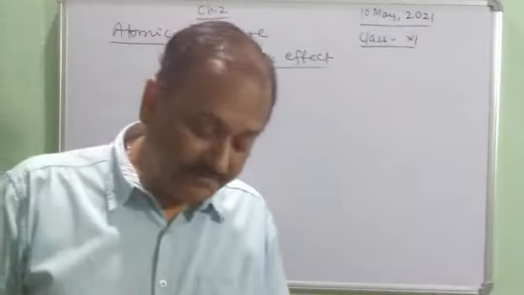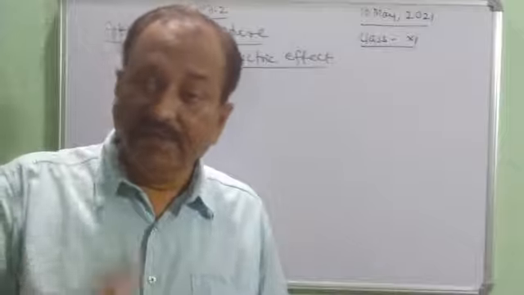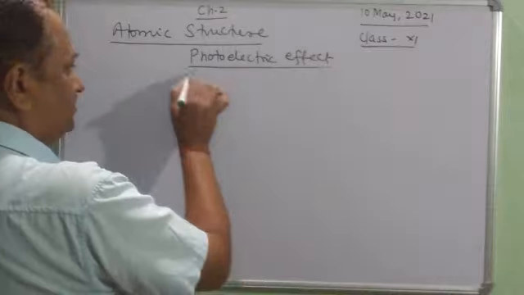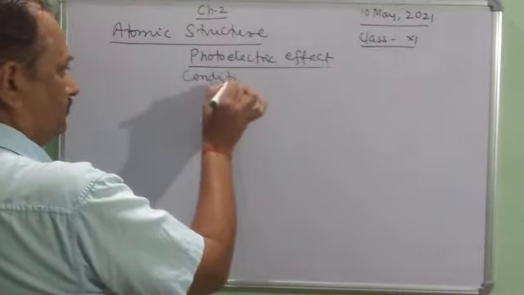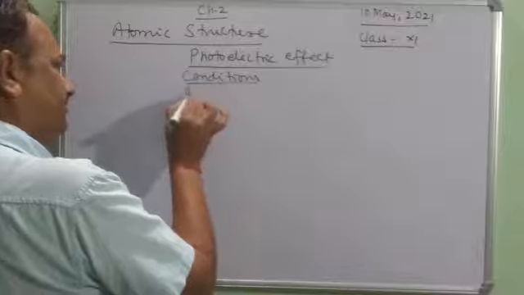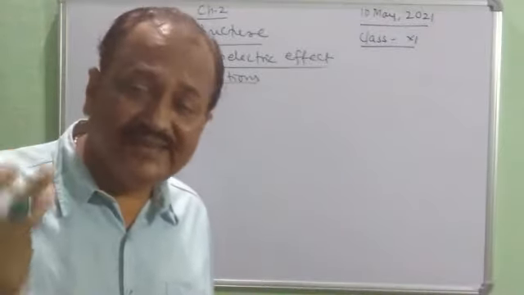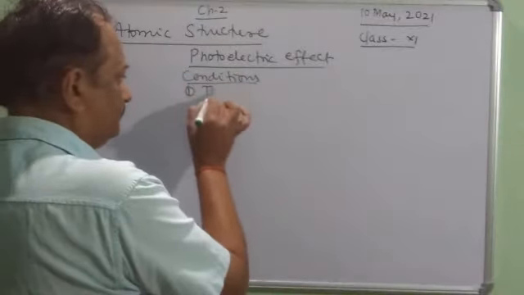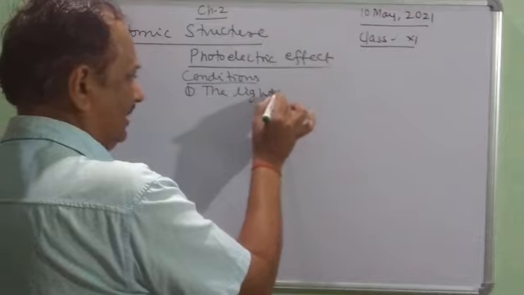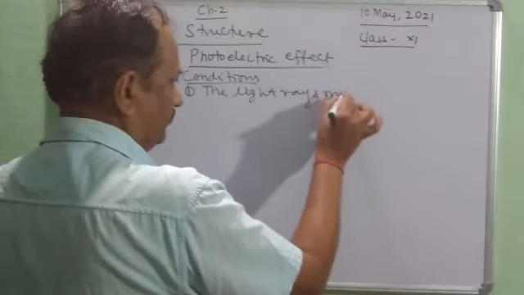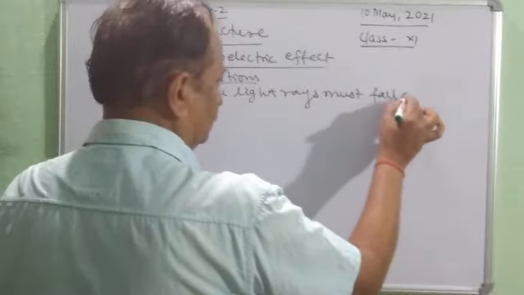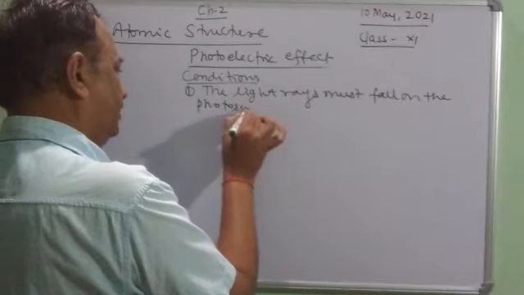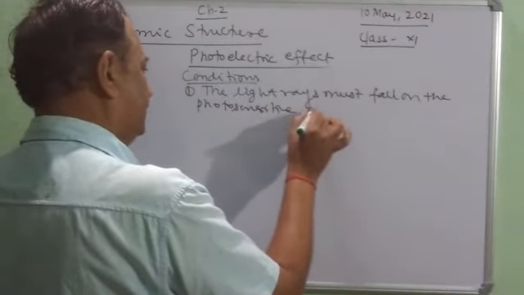But there are certain conditions for the photoelectric effect, and the conditions must be fulfilled. The conditions are: first, the substance must be photosensitive in nature, and the light rays must fall on the photosensitive material.